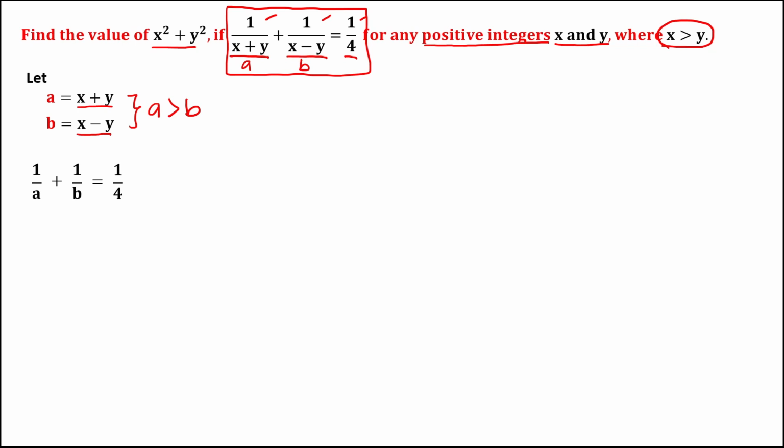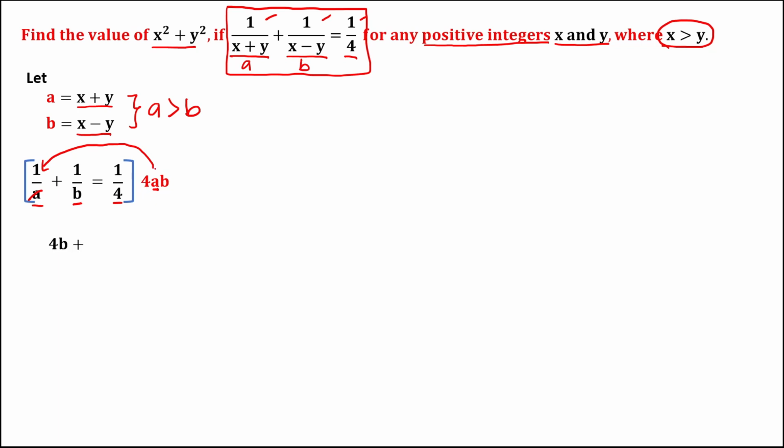Then to simplify this equation, we just need to multiply this whole equation by the LCD, and the LCD is the product of these three denominators. So that's 4 times a times b. Then to simplify, distribute to this term, so we can cancel a, and the remaining is 4b.